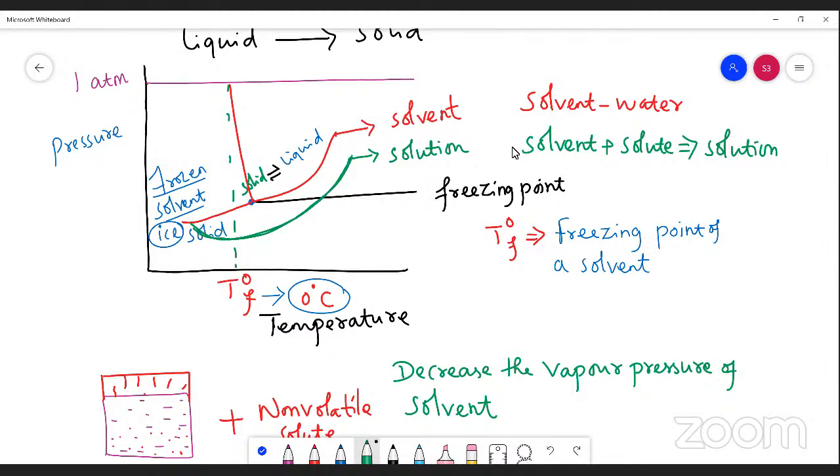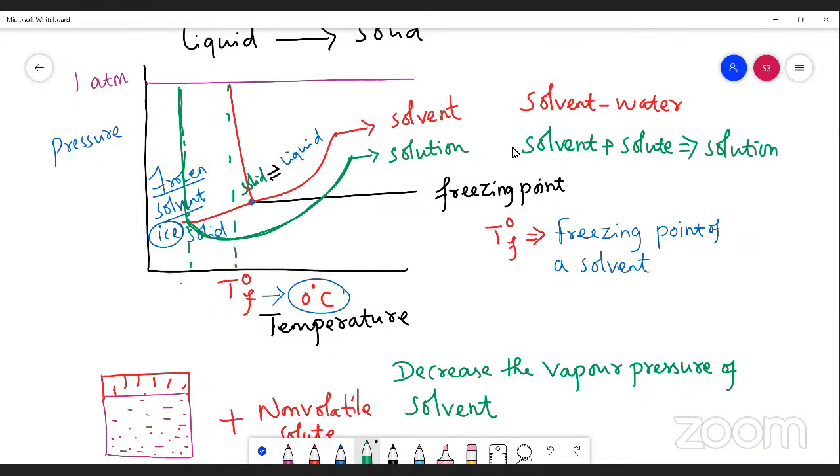Now, just for your consideration, if you take this graph, it touches the atmospheric line, where it touches the temperature. This temperature we can consider TF.